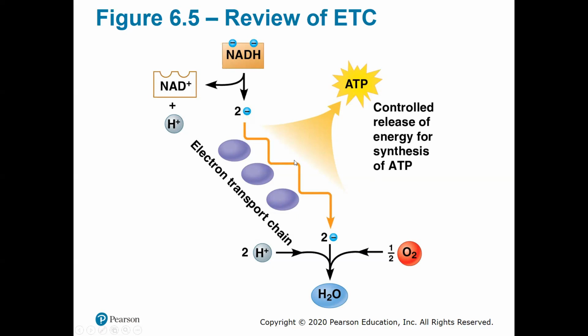This is the falling of the electrons, as was mentioned earlier. And this process here, what I call the hot potato process, they're passing these electrons from one to the next, and it creates ATP. It's a series of chemical reactions that will create ATP. And then that electron will end up in a water molecule.